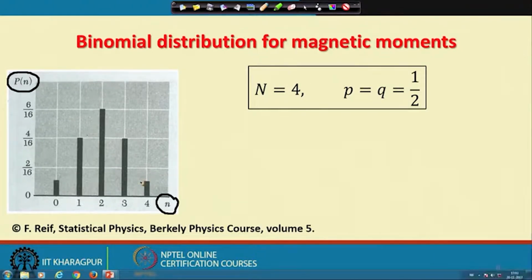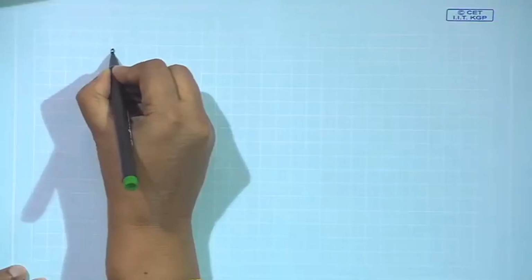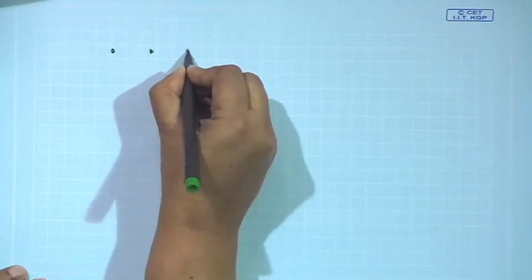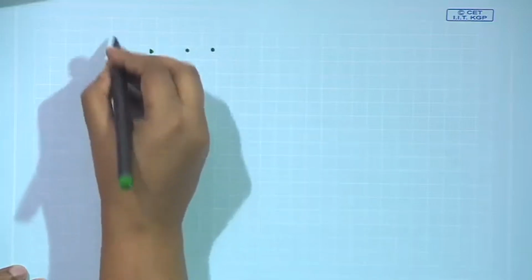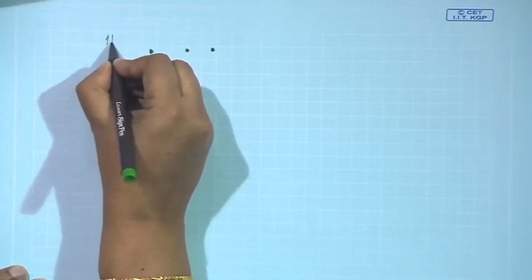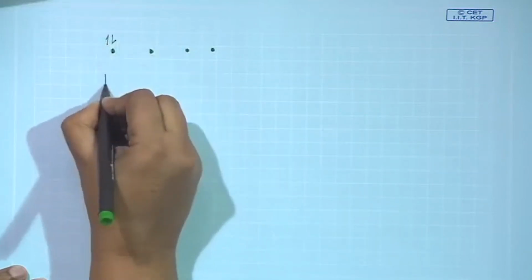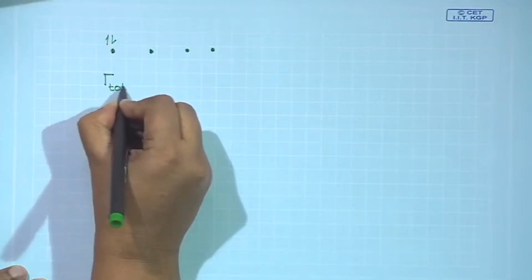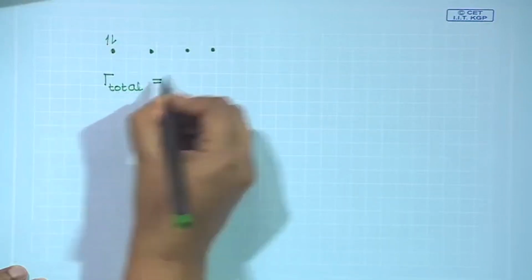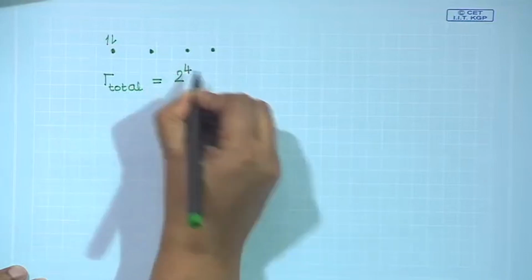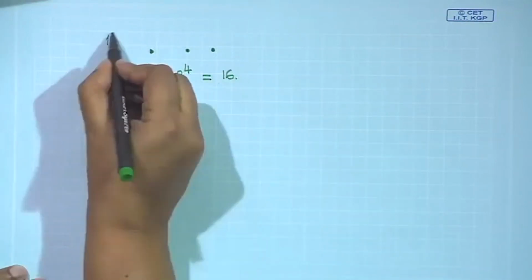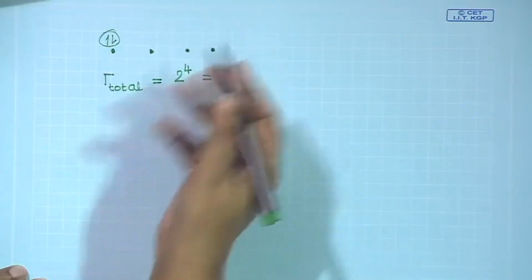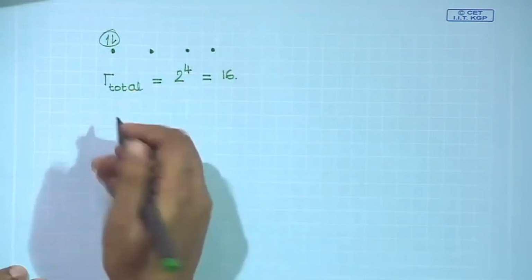So, here in this example, how many positions do you have? You have 4 positions. In each position, you can have either up spin or down spin. So, what is gamma total? The gamma total will be given by 2 to the power of 4, and that is 16. So, what is the probability of observing one particular event?